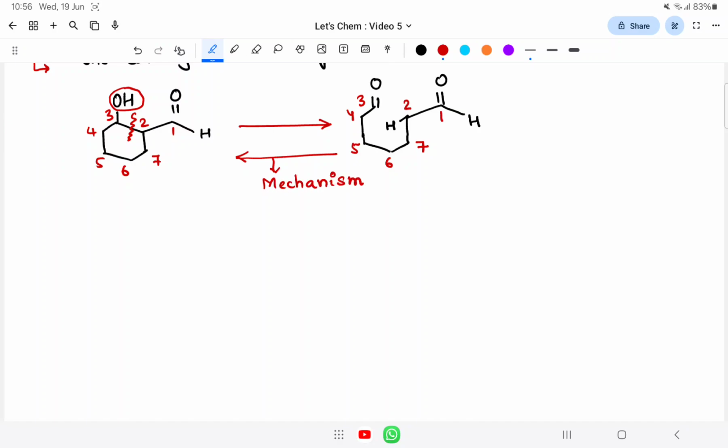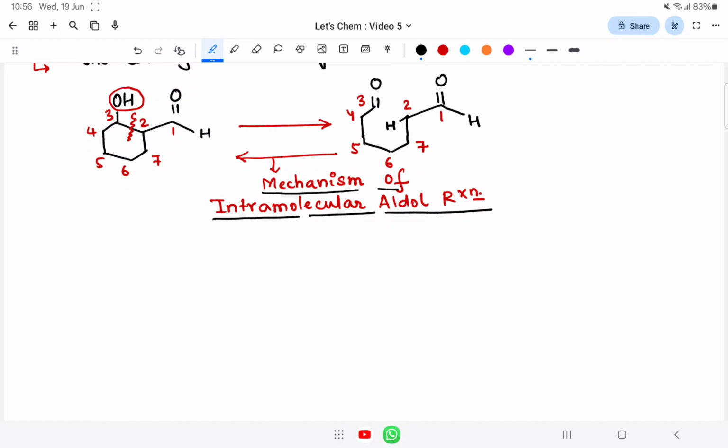What is the mechanism of intramolecular Aldol reaction? So guys, let's put this heading, mechanism of intramolecular Aldol reaction.